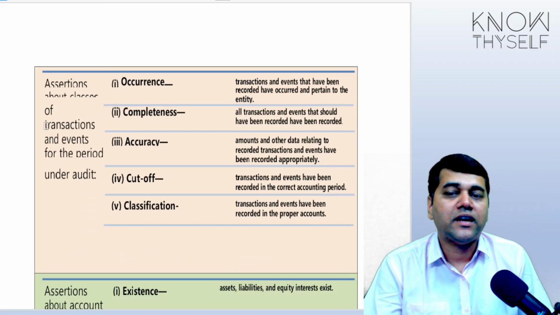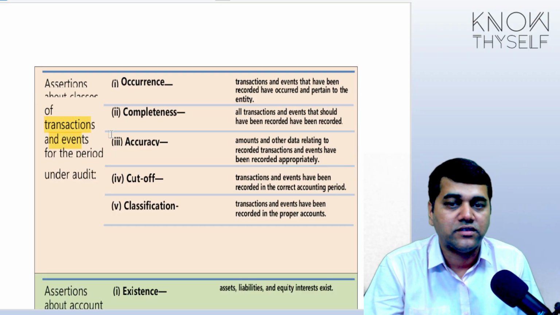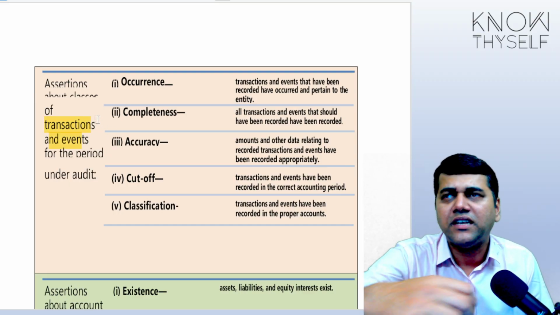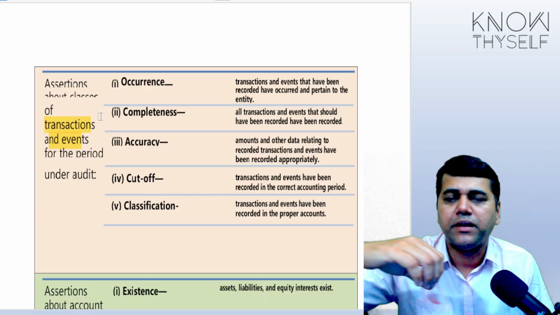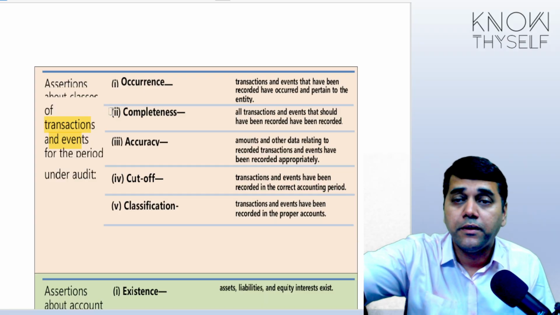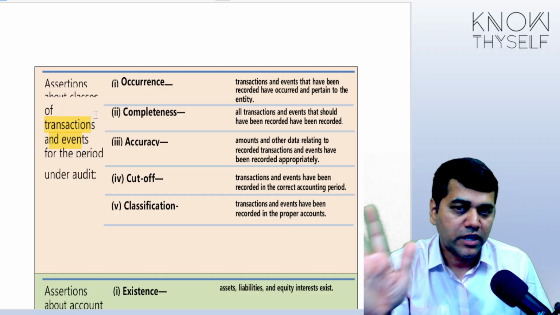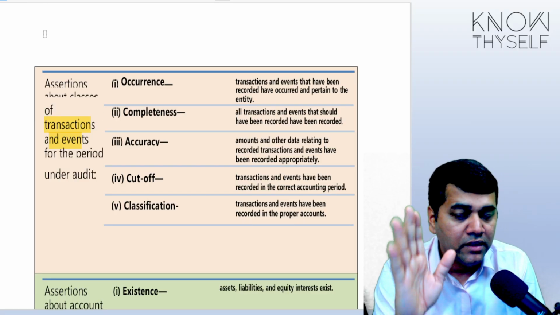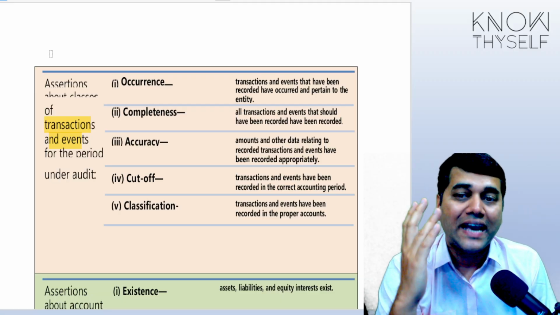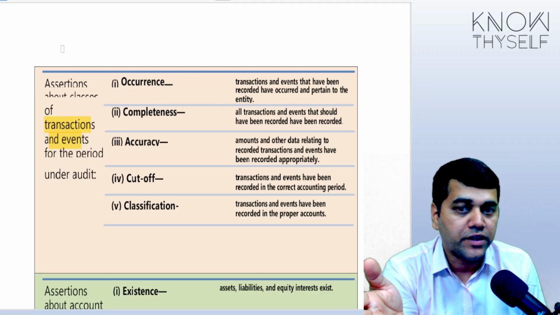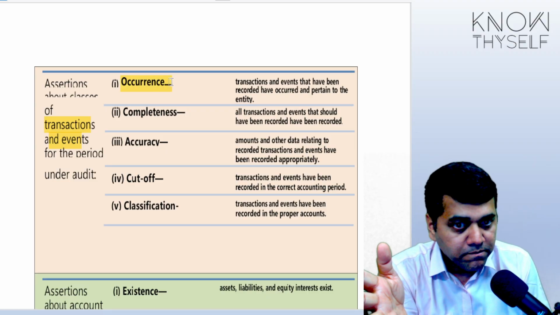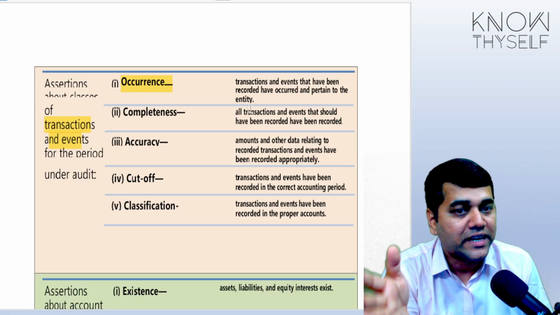There are assertions related to class of transactions. You can pick anything, like purchases, payroll expenses, maintenance expenses. So there are 5. When you sign the P&L, there are 5 characteristics of that expense you certify. It occurred, that means it is not fake.